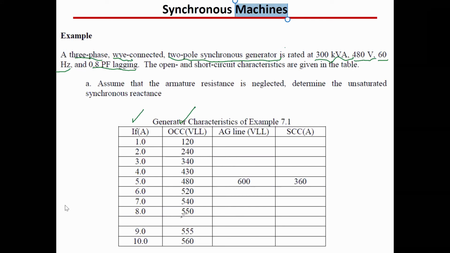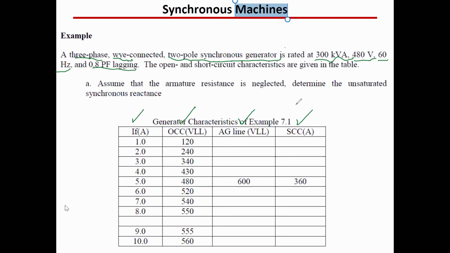Yeah, we have the IF and the corresponding open circuit characteristic voltage, again line to line. And we have the air gap line voltage and the short circuit current, not the complete values, only for the rated voltage.